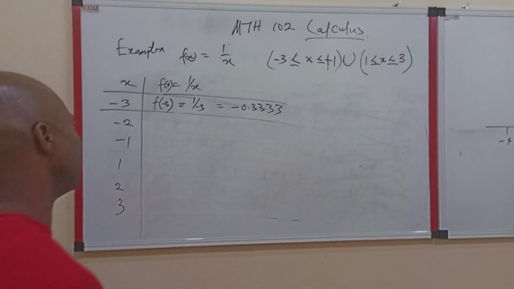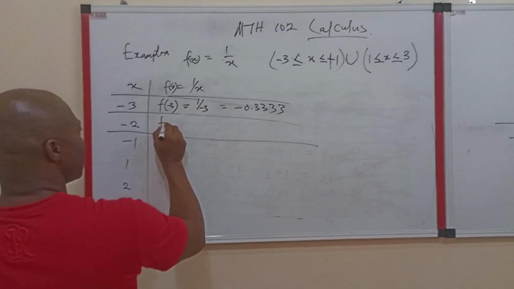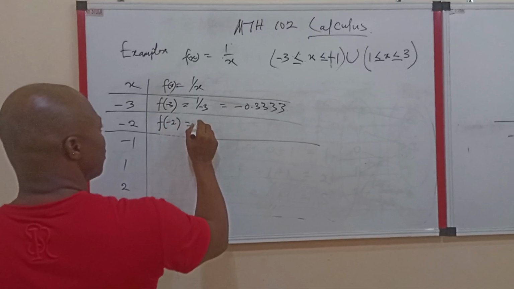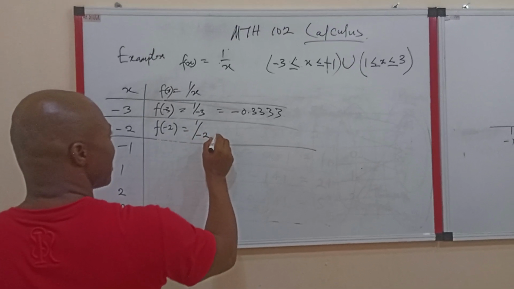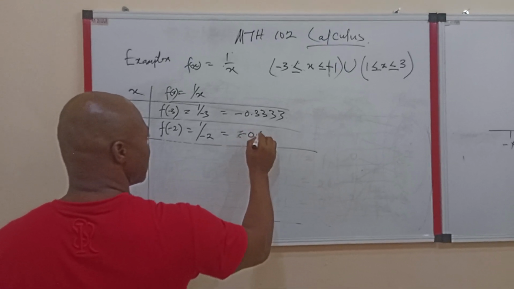And 1 all over -3, the answer will be -0.3333 like that. Now for the other side, if we say x takes -2, it will be 1 all over -2, and this gives us -0.5.